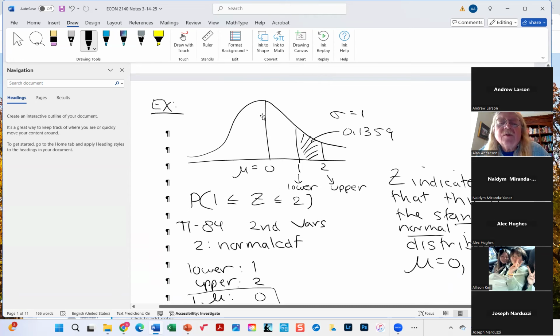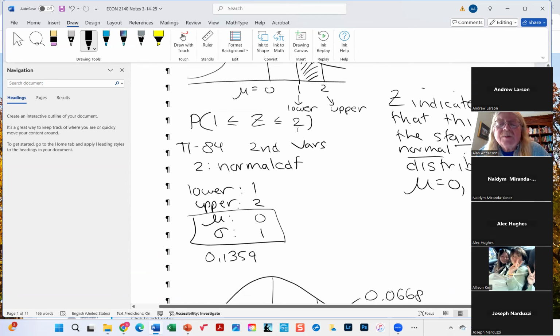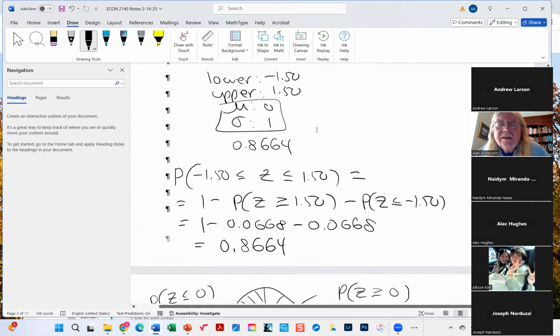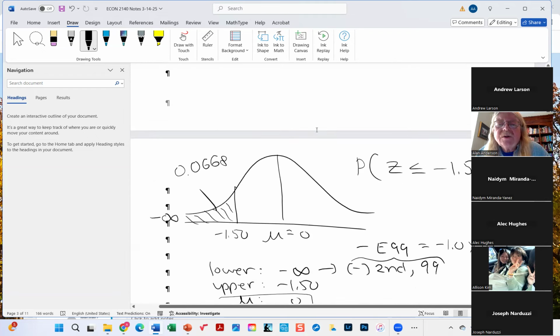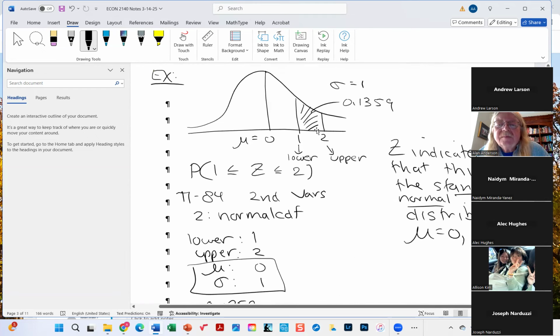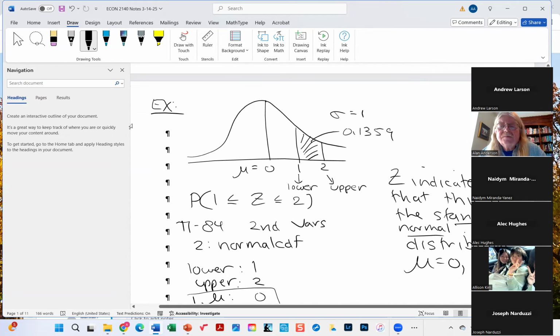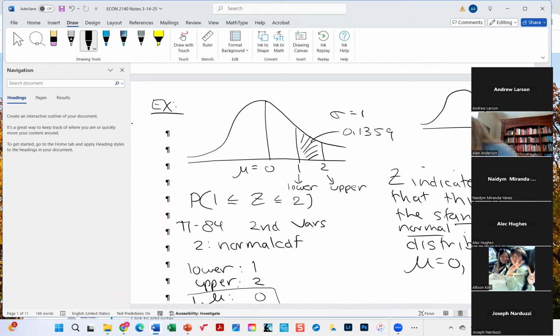And similarly, by the way, while we're on this topic, if you look at this example, I'm not sure if I have room to show this, but I'll just make a note here somewhere that this would also have to be 0.1359 because, again, of the symmetry of the distribution.